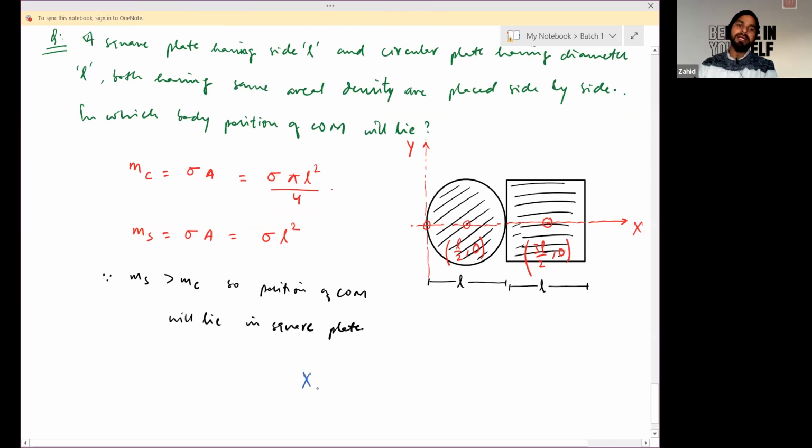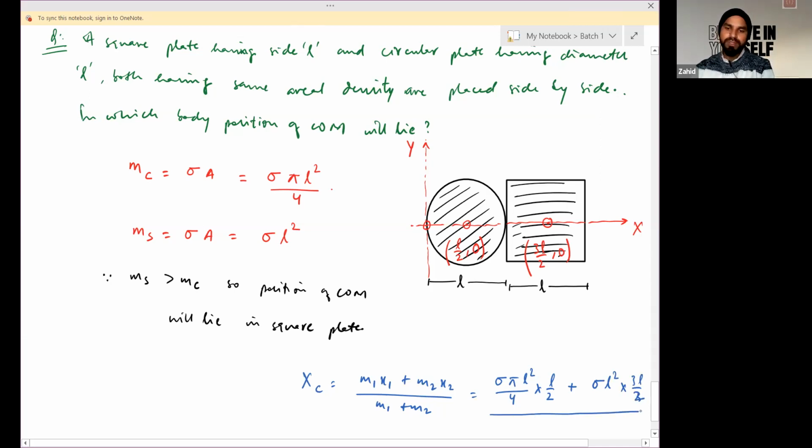So use the formula x center of mass equals (m1x1 + m2x2) divided by (m1 + m2). m1 is the mass of the circular plate, which is sigma times pi L square over 4. x1 is its coordinate, L by 2. m2 is the mass of the square plate, sigma times L square, and its coordinate is 3L by 2.